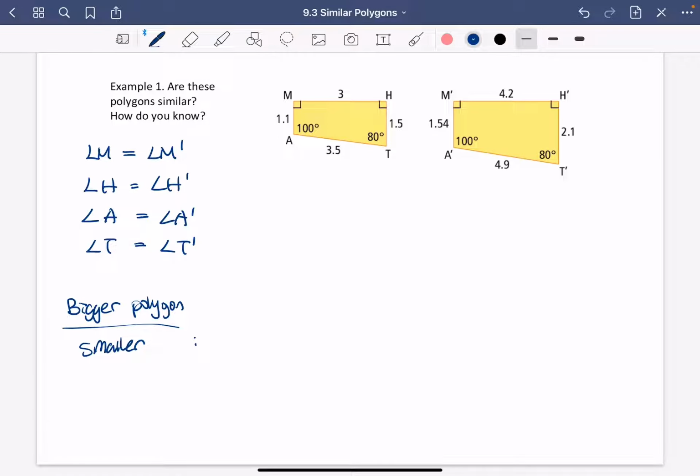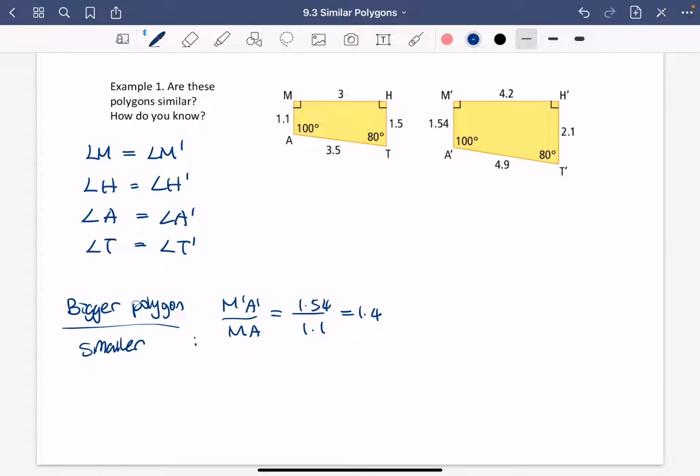The first one we have, let's do MA over M prime A prime. Oh, whoops, we'll do bigger over smaller. So sorry, that would be M prime A prime over MA. So that's 1.54 over 1.1, which is equal to 1.4.